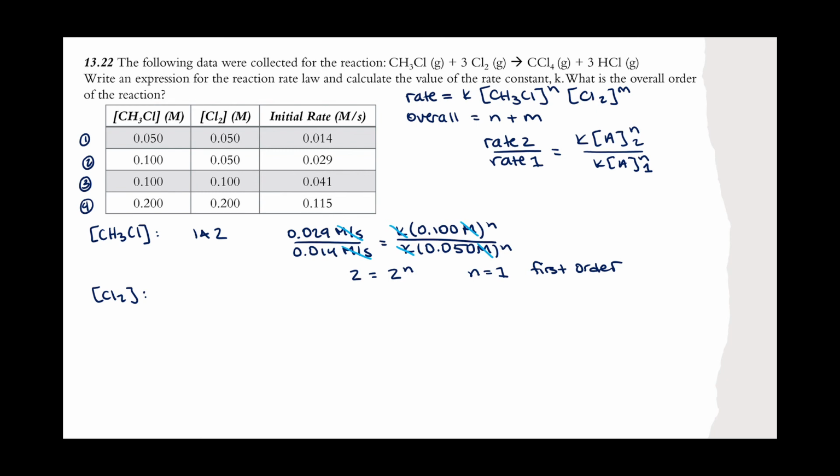Looking at that, I can see that experiments 2 and 3 would satisfy that requirement. Methyl chloride's concentration is not changing, but chlorine's is, so I can use experiments 2 and 3 in this case. I'm going to do the same thing where I use my rate equation and I just plug in values.